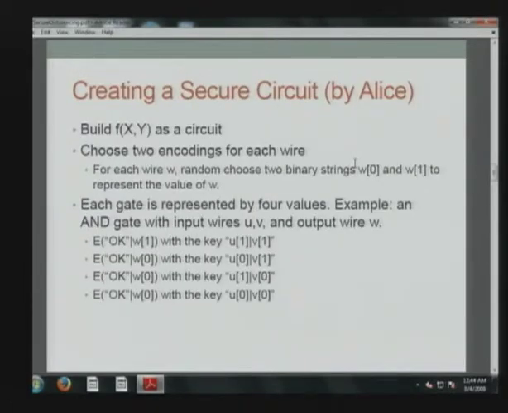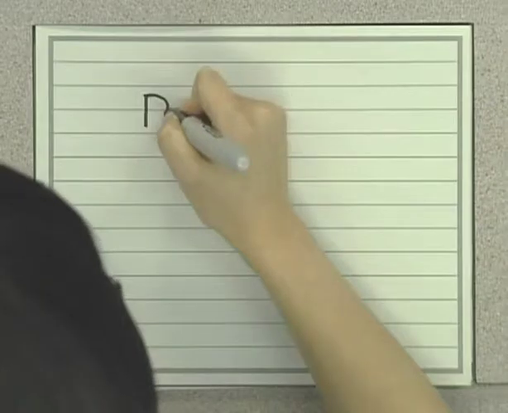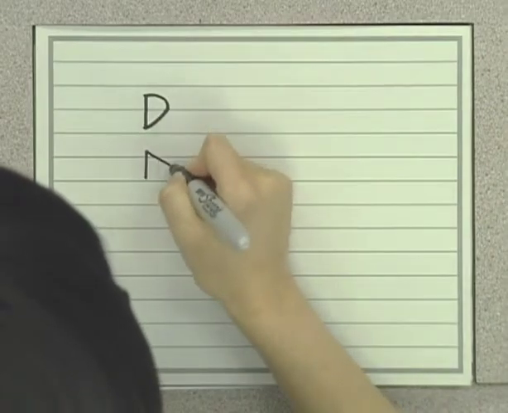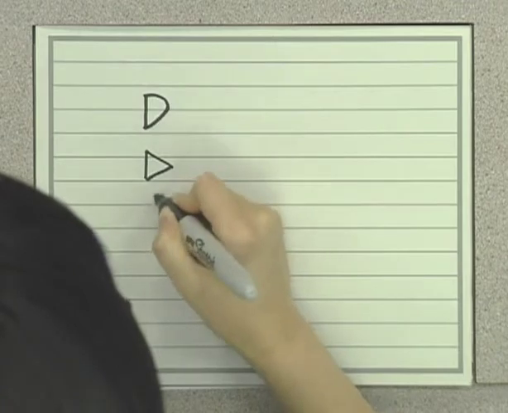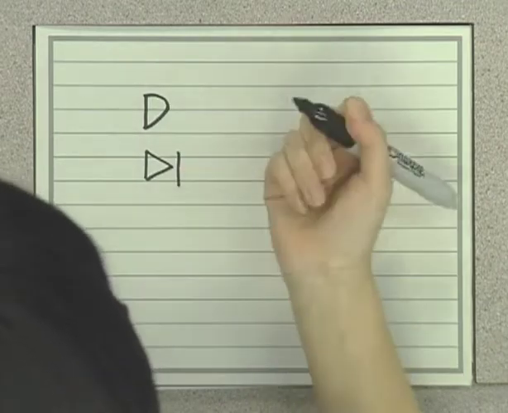First, Alice will build f as a circuit. This circuit just looks like an electronic circuit. Some circuit may look like this. I will use this, so some AND gate and some XOR gate.